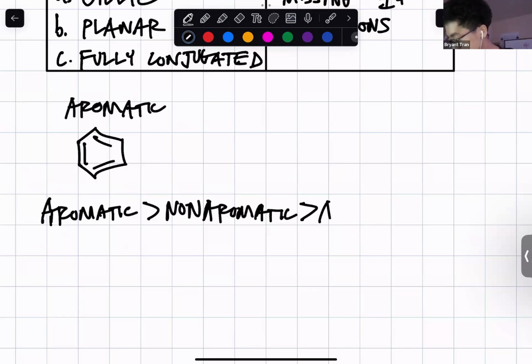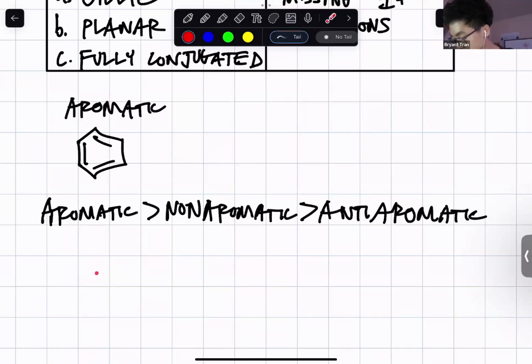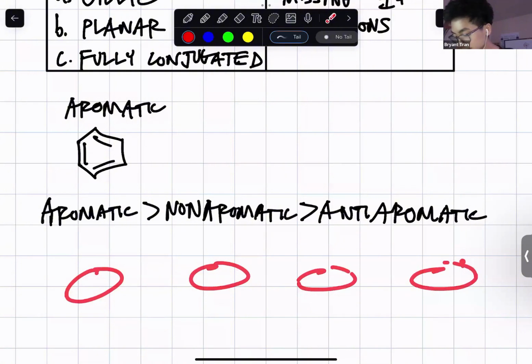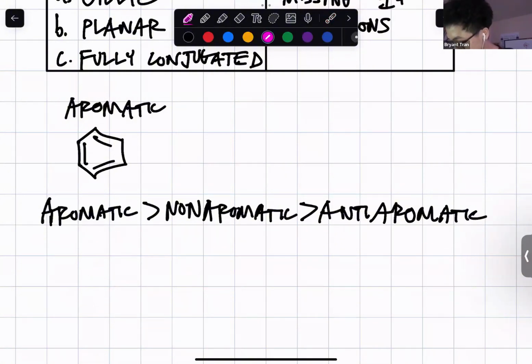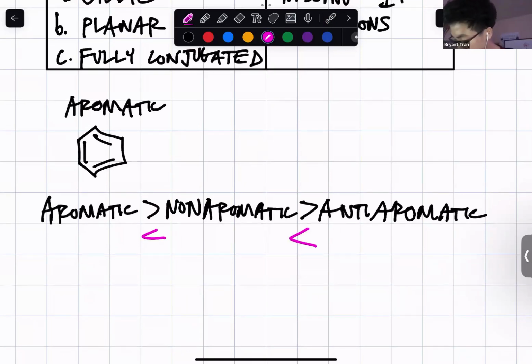It has to do with the molecular orbitals, but this is going to be more of a multiple choice question.